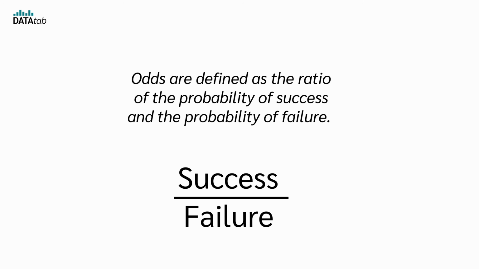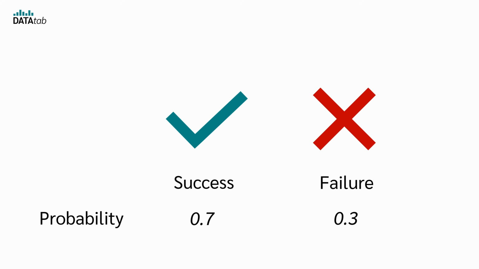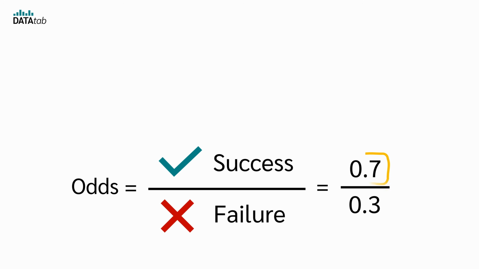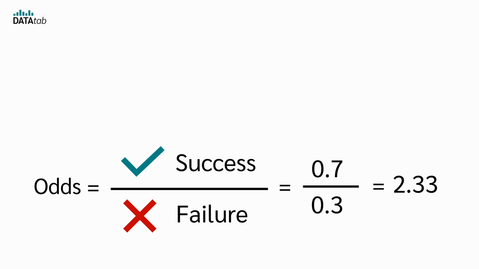Odds are defined as the ratio of the probability of success and the probability of failure. Or in other words, odds represent the ratio of the probability of an event happening to the probability of it not happening. If we look at our example, the odds are 0.7 divided by 0.3, which equals 2.33.